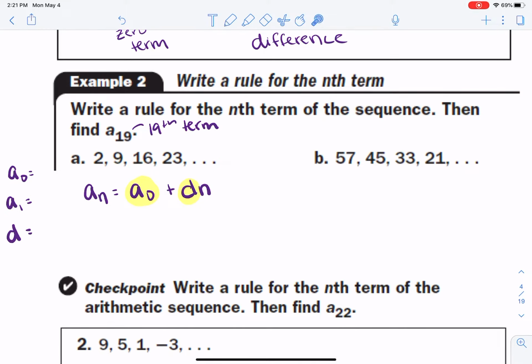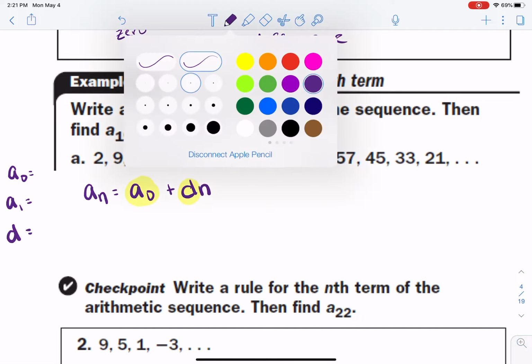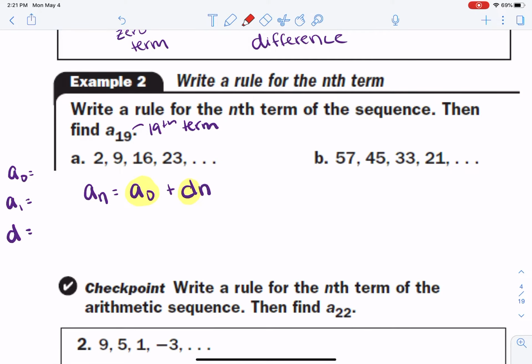We plug a sub 0 in here, and d in here. We don't have the 0 term given, but I like making sure we know the difference between the 0 term and the first term. The first term I can see right away: the first term is 2.